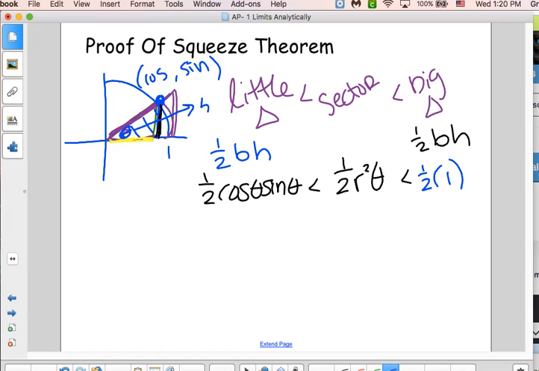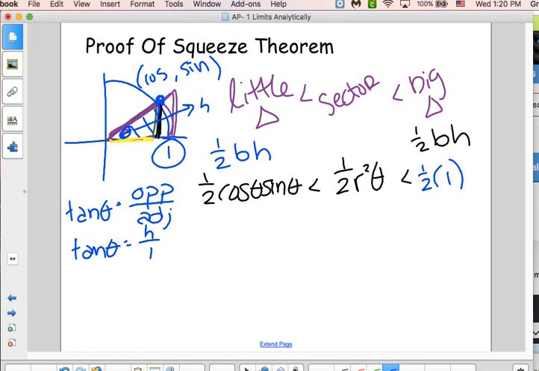We know this base, so what relationship is that? Think like trig. What's tangent? Tangent theta is opposite over adjacent. So what is our adjacent? What's our opposite? Our height. So what does h stand for?